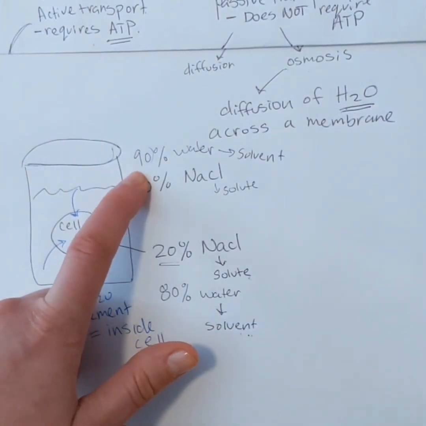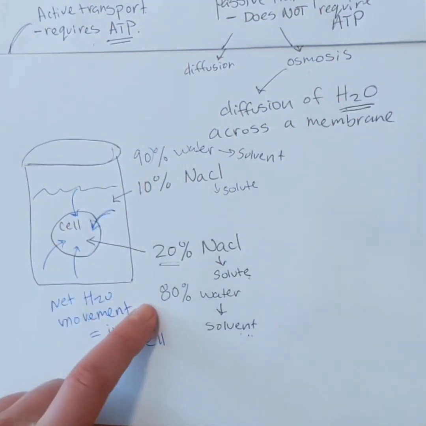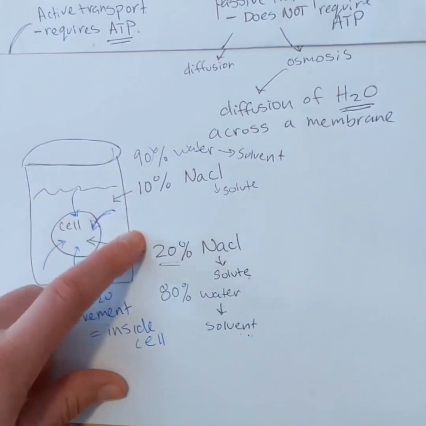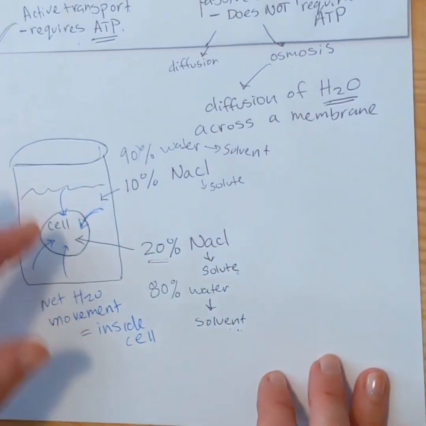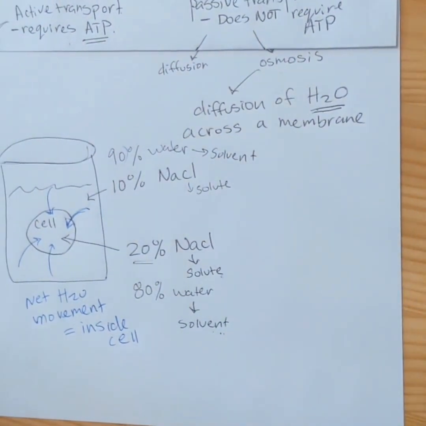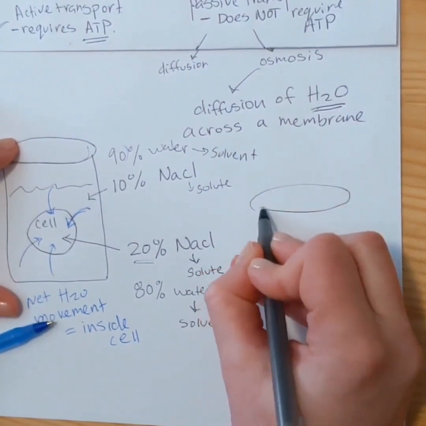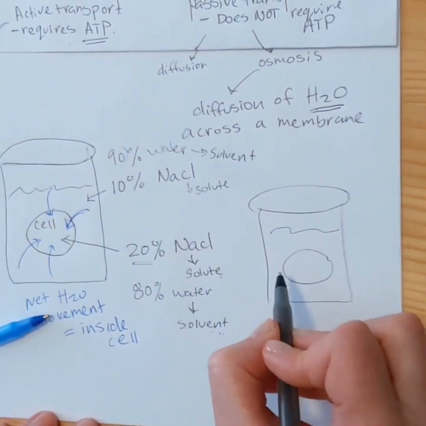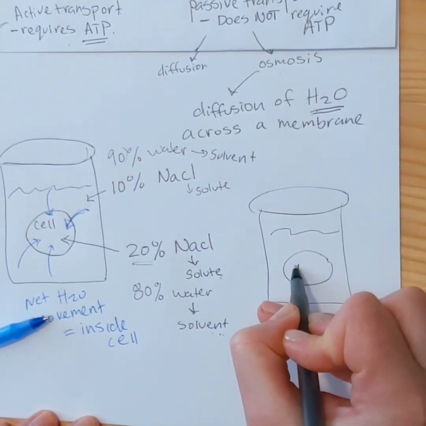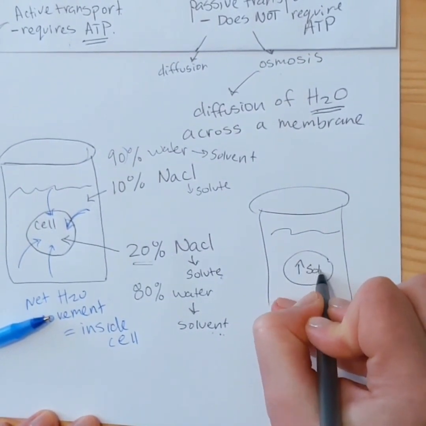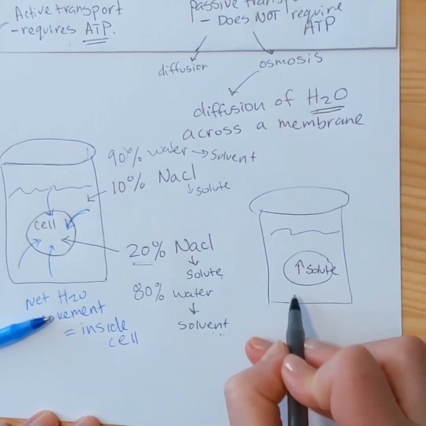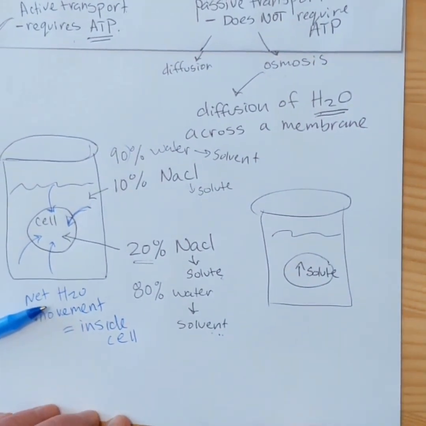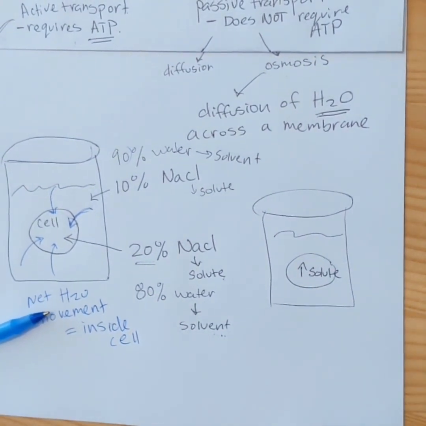Now, most osmosis problems are not going to give you the water concentration. It's just going to give you the solute concentration. So when you're looking at this problem again, it might look to you like in my beaker, I've got a cell in water, and water moves to wherever there's the higher solute concentration, which is true, but it's not that the water is necessarily attracted to the solutes.